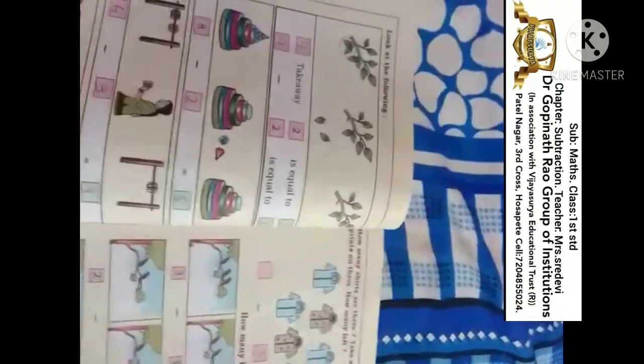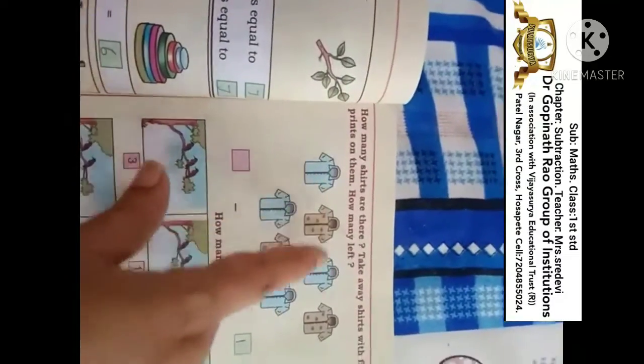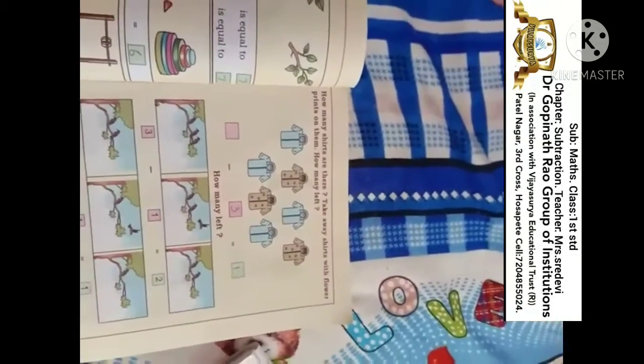And next one here. How many shirts are there? See, how many shirts are there? 1, 2, 3, 4, 5, 6, 7. So 7 shirts are there. In the 7 shirts, take away shirts with flower prints on them.